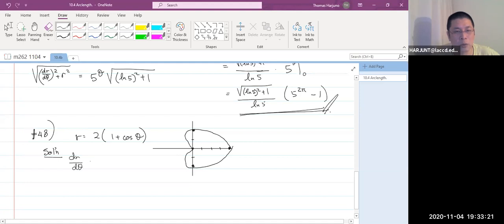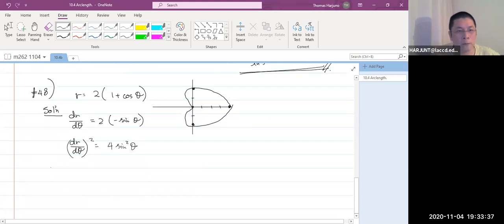dr/d theta will be 2 times negative sine theta, which if I square gives me 4 sine squared theta.